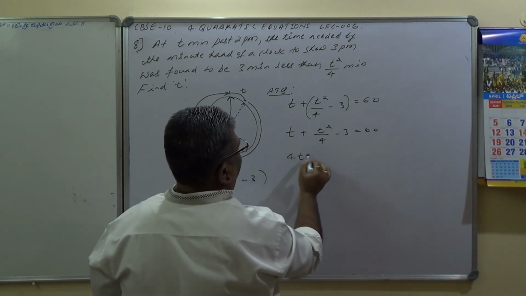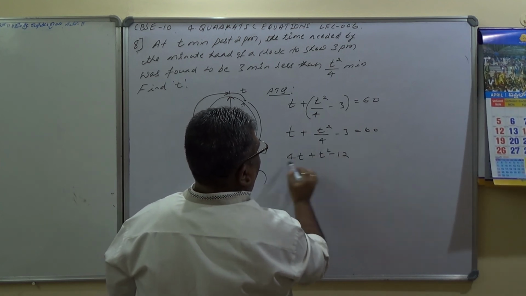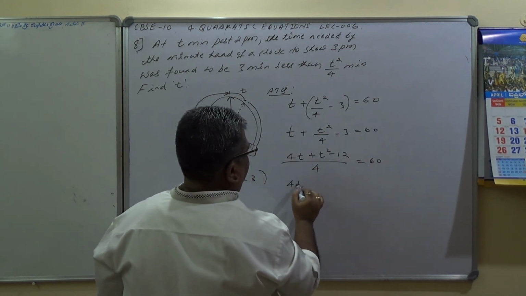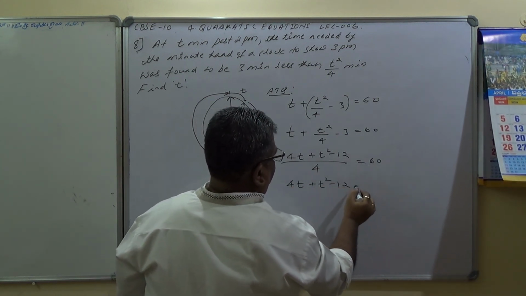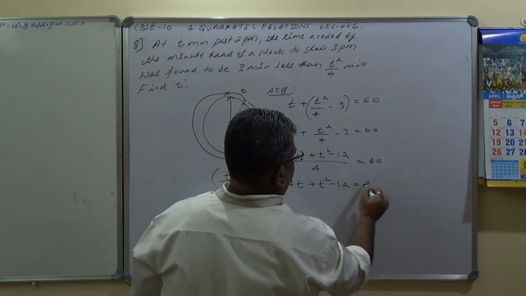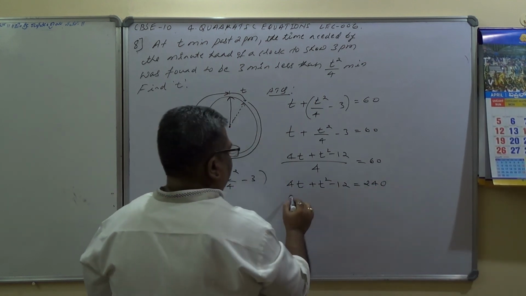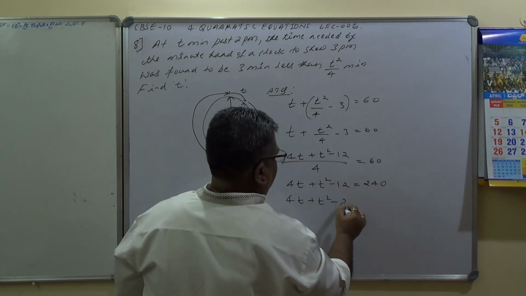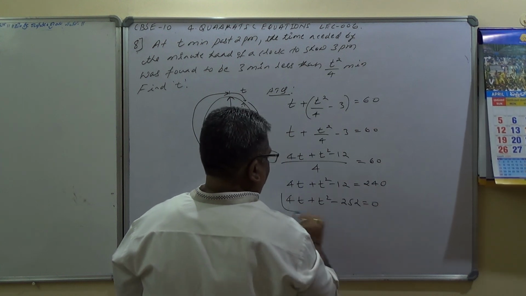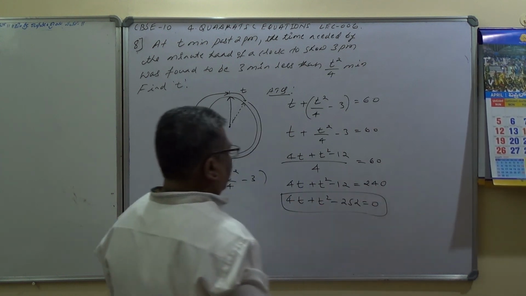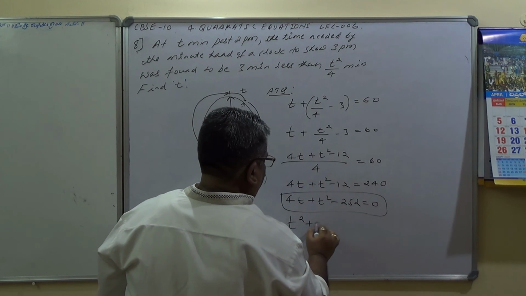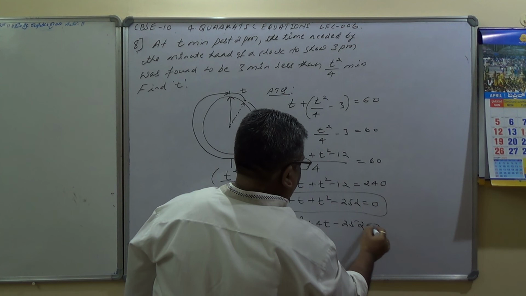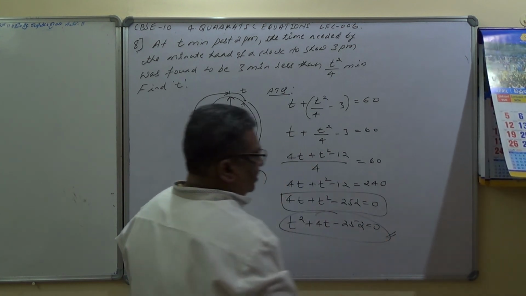Then (4t plus t square minus 12) divided by 4 equals 60. So 4t plus t square minus 12 equals 240. Bring this side: 4t plus t square minus 252 equals 0. So the equation is t square plus 4t minus 252 equals 0. Solve this, you will get the value of t.